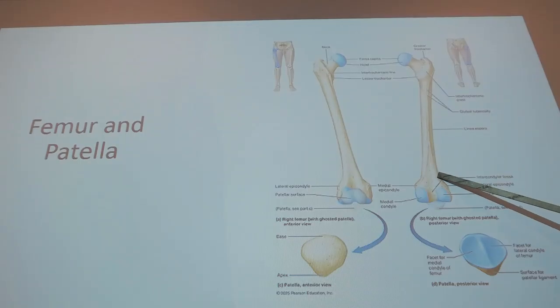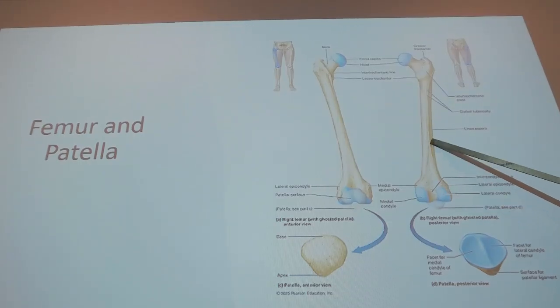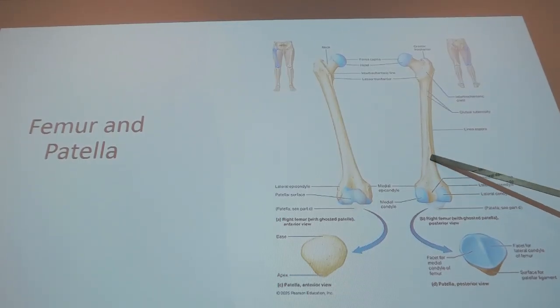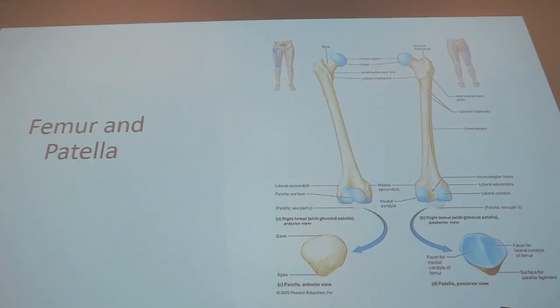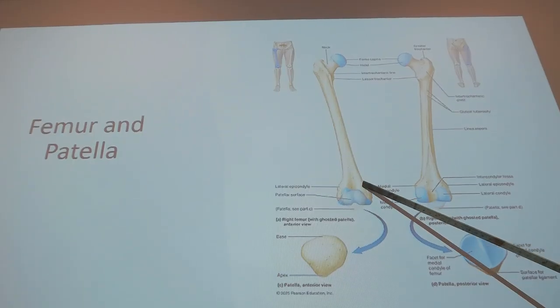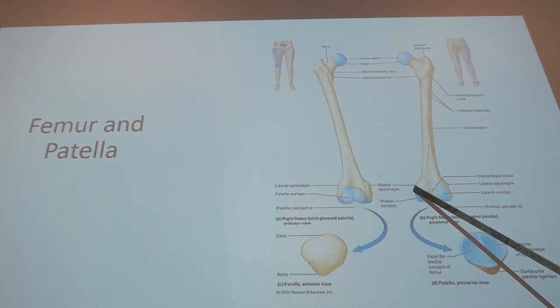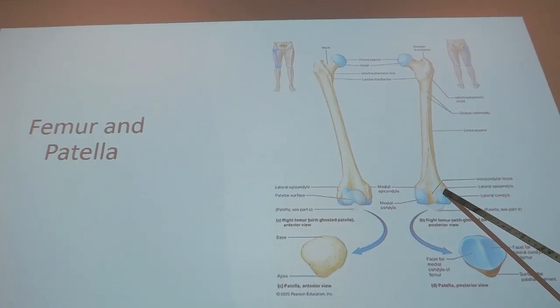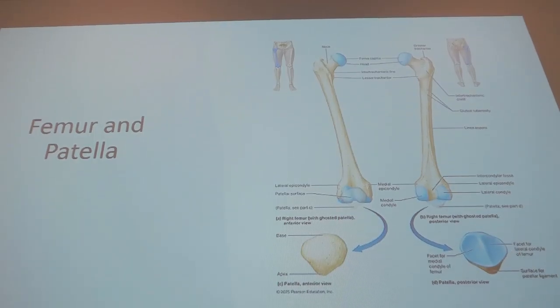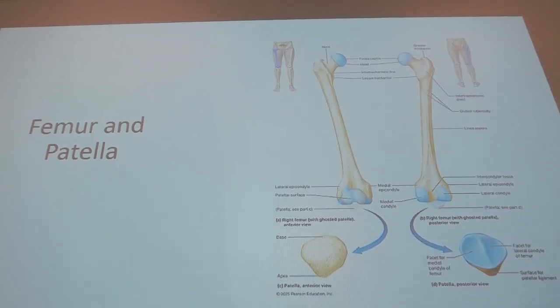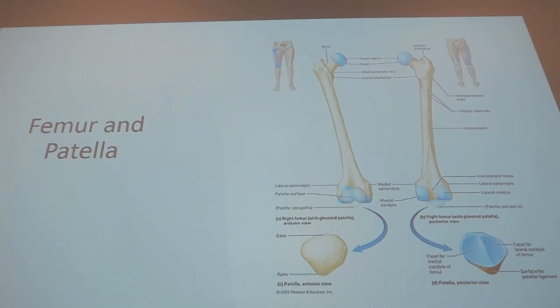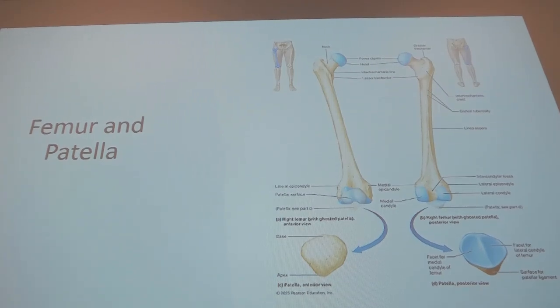And then this linea aspera splits here in the lower portion of the shaft and goes into the epicondyles. So this is the medial epicondyle, this is the lateral epicondyle. Remember, a raised area above a condyle is called epicondyle. Epi means above.